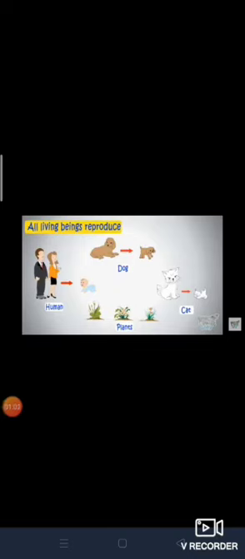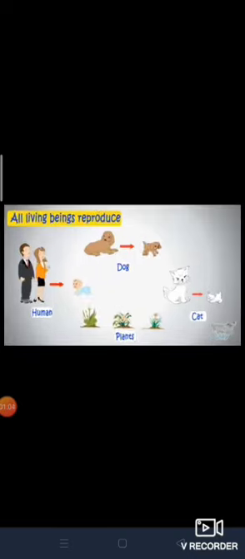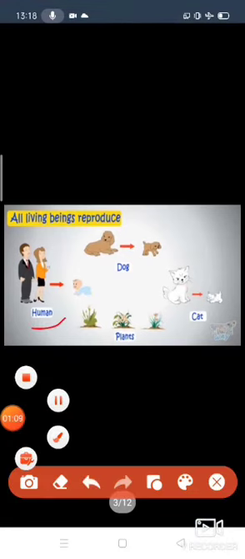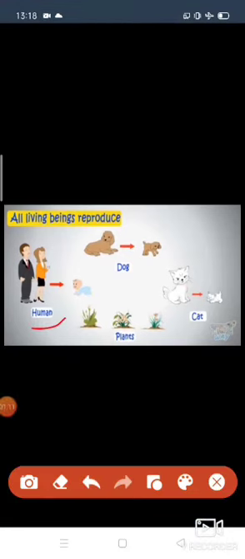Look here, children. Like our human beings, when they reproduce, they give birth to a new child. Like that, animals are also, after reproduction, they give birth to their babies.